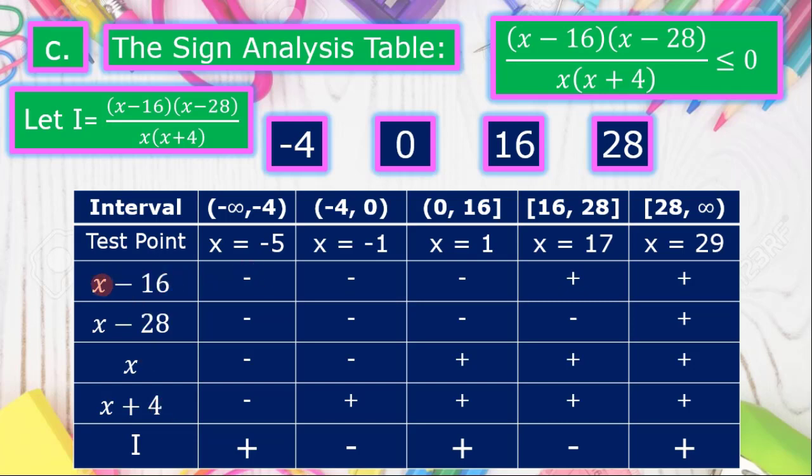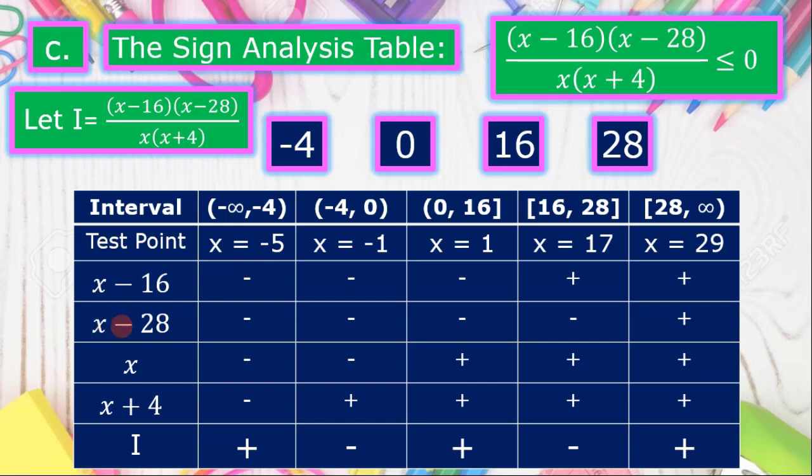Well, replace this x by our test point in this particular interval. So in this case, x is -5 minus 16. We're not concerned about the value, but the sign. So -5 minus 16, that is a negative number. It's actually -21. So it's a negative number.